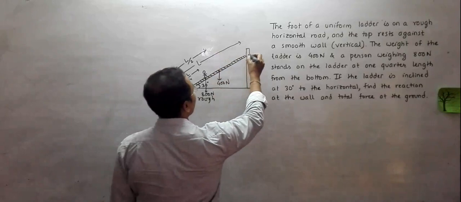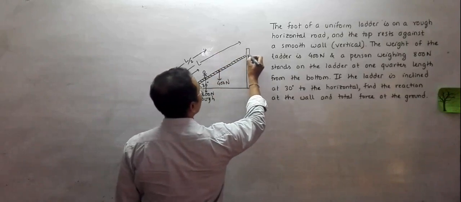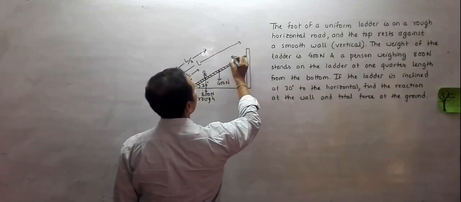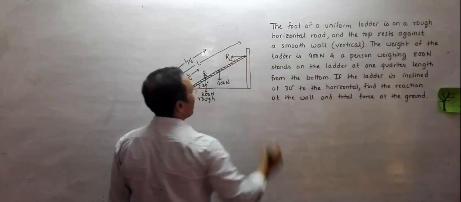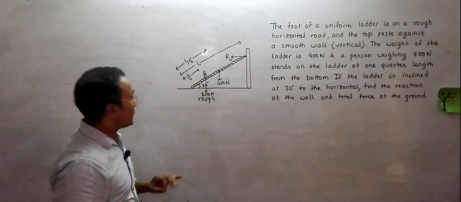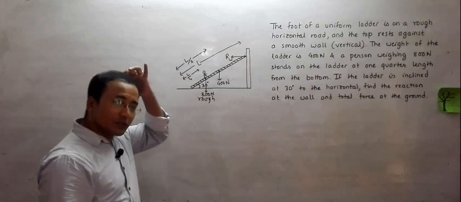According to the question, here we have no friction, it is smooth, so what it has is only the reaction force R, the reaction force due to the wall. And here we have several forces.